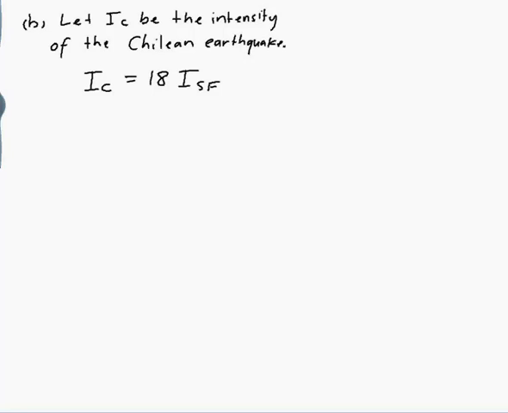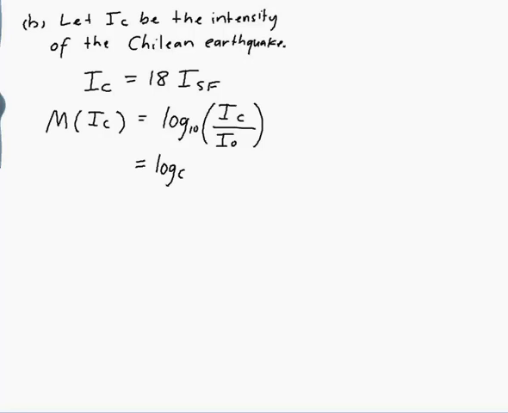So I want to do m of IC to figure out the magnitude on the Richter scale, which means I'll have to do log 10 of IC on I0. Okay, so m of IC is log base 10 of IC on I0, and IC is really 18 ISF on I0.